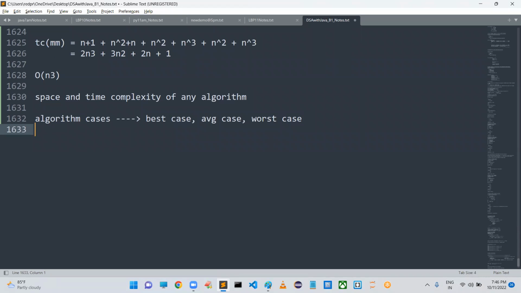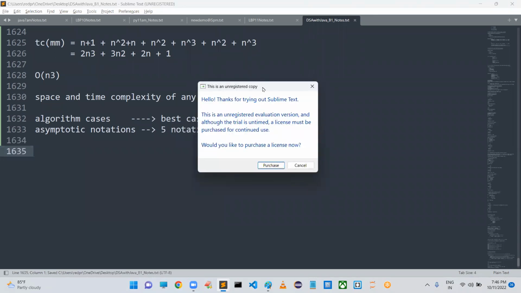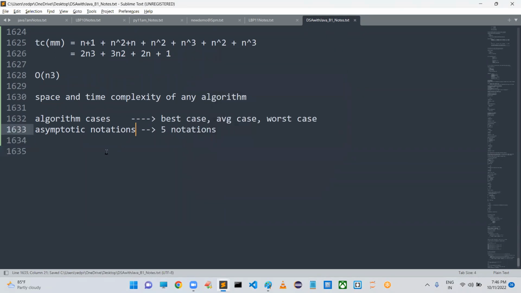Asymptotic notations mean how you are going to represent these time complexities directly. We can't use n square like that, because all the calculations are going to change. That's why we have 5 notations. That part we will discuss in our next class.